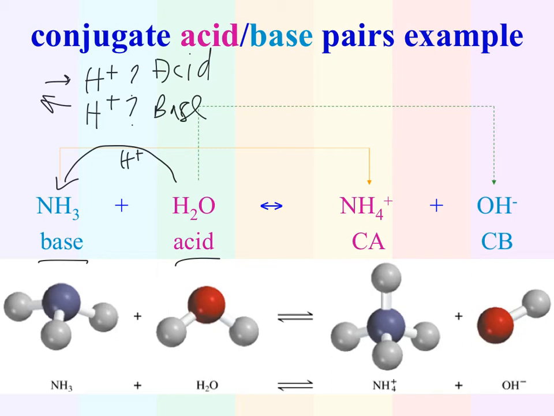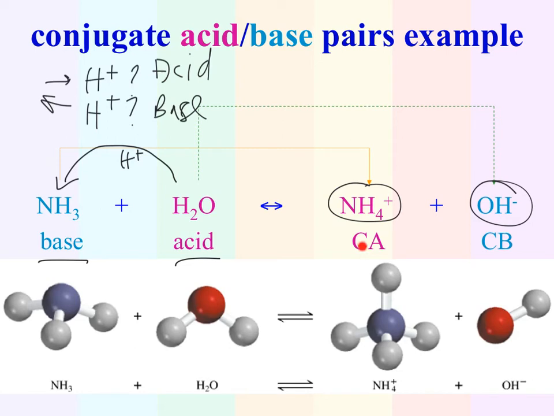So you're going to end up with an NH4 plus ion because the NH3 is going to pick up that proton, and you're going to end up with a hydroxide ion after this H2O molecule gives up one of its hydrogens. And as we discussed, your conjugate acid and your conjugate base are produced from the original bases and acids. So your conjugate acid is going to be from your original base, and your conjugate base is going to be from your original acid.